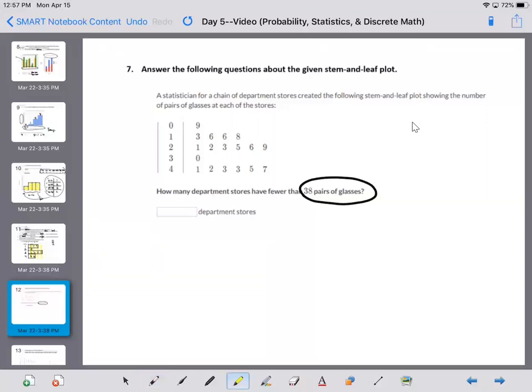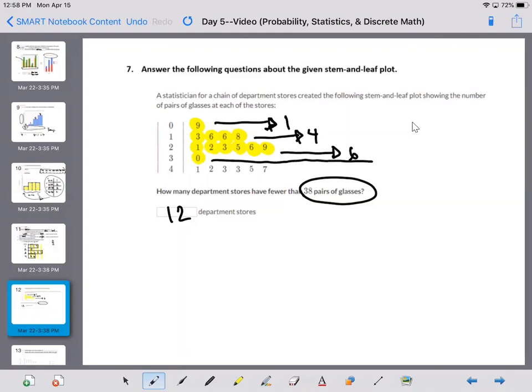So that would mean 9, 13, 16, 16, 18, 21, 22, 23, 25, 26, 29, 30. And then see the next jump is to 41. Well, we wanted fewer than 38 pairs. So there's 12, because this is 1 and this is 4 and this is 6 and this is 1. So 10, 11, we would have 12.